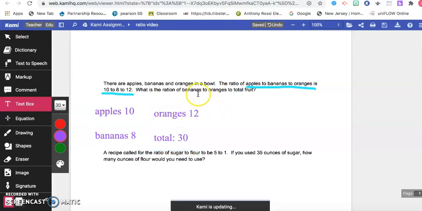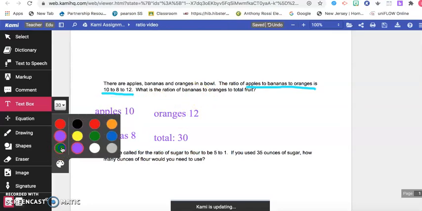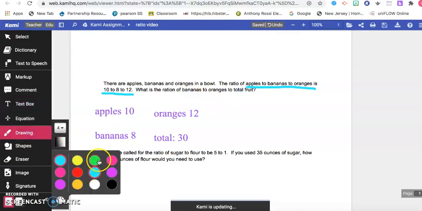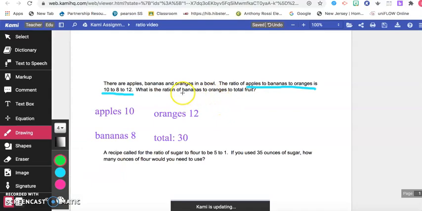Now I need to think about the ratio they're asking me for. They're asking me for bananas, oranges, and total fruit.